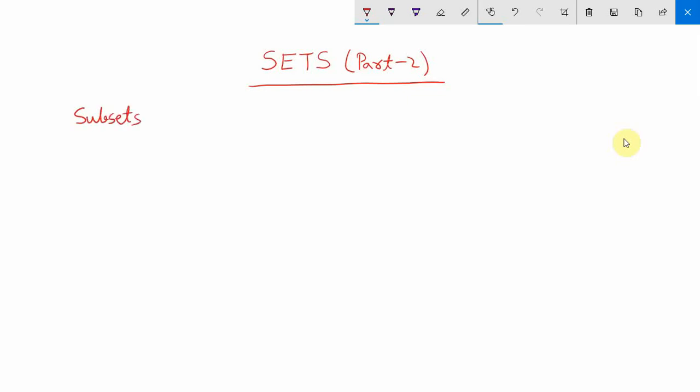Subsets. So what is a subset? See, if A and B are two sets, and if every element of A is an element of B, then A is called a subset of B. So we may write, let A and B be two sets.